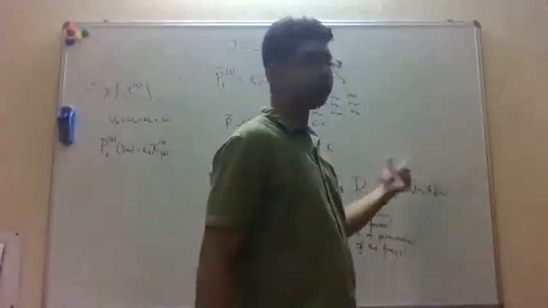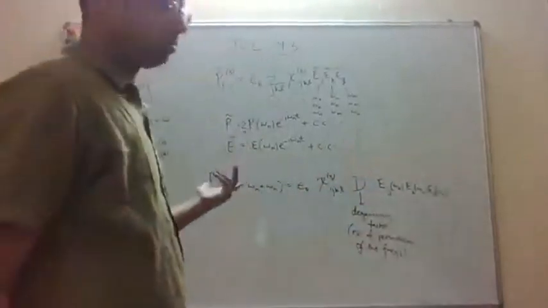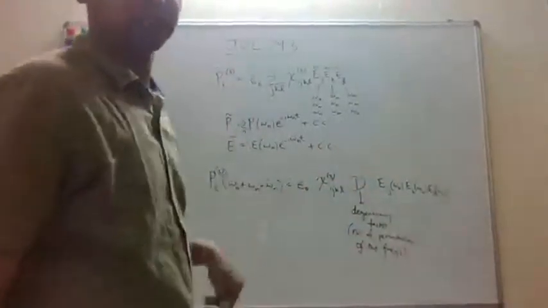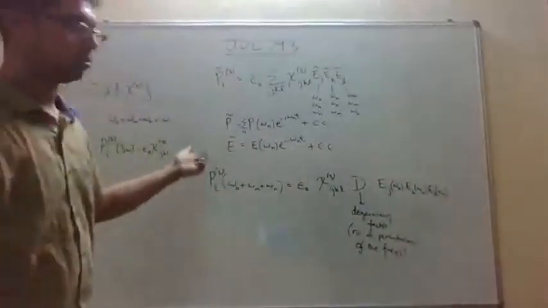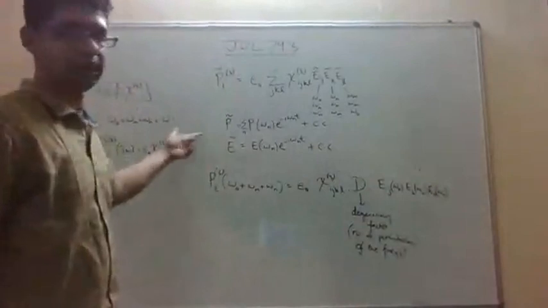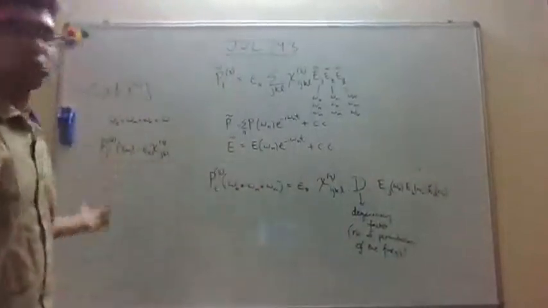It will only be 1 because there's only one permutation, omega, omega, omega. There's no other permutation. I can't rearrange it in any case. There's no other combination. Okay?